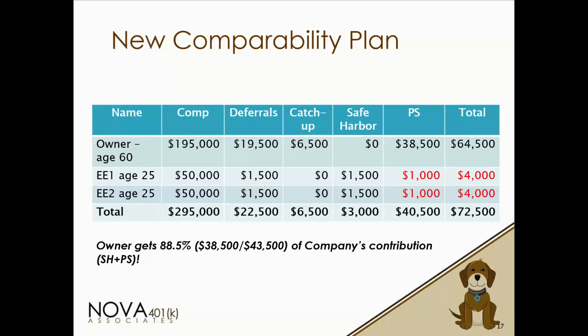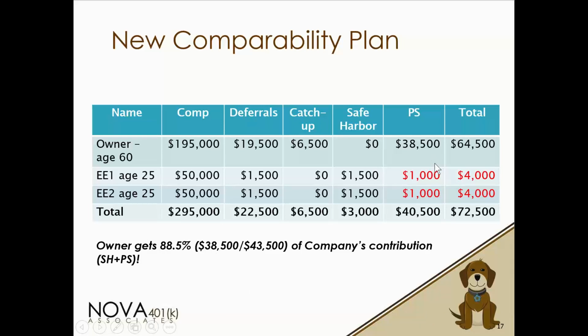potentially you'd have 4 different types of non-discrimination testing going on here. You would have a non-discrimination test that would be looking at the deferrals. You would have a top-heavy test looking at what percentage of the benefits is going to the owners.